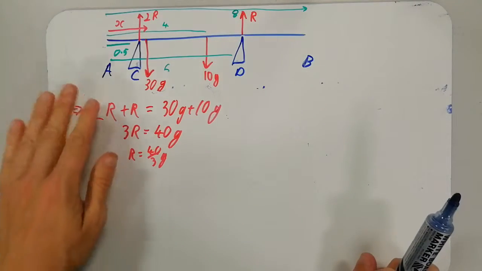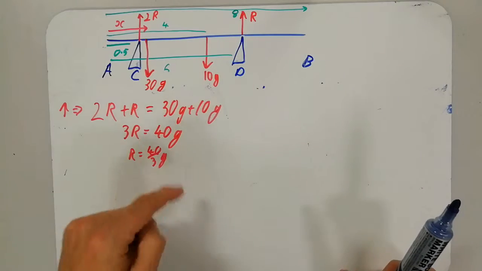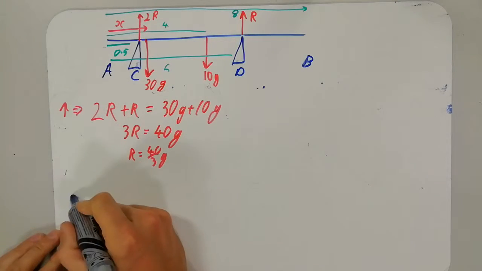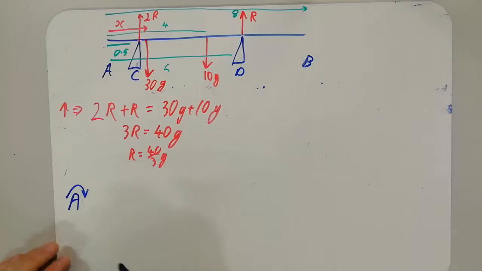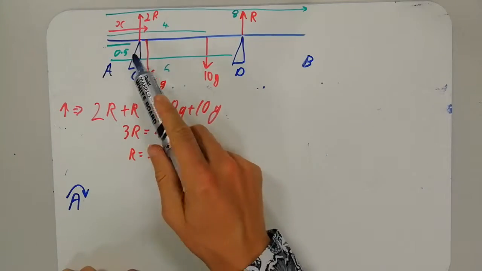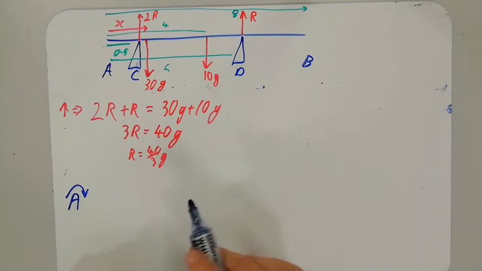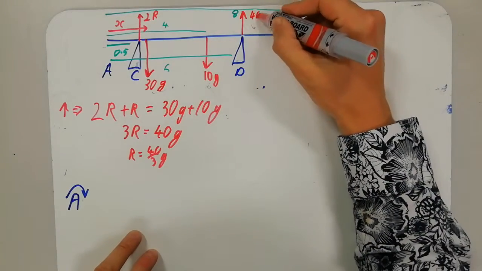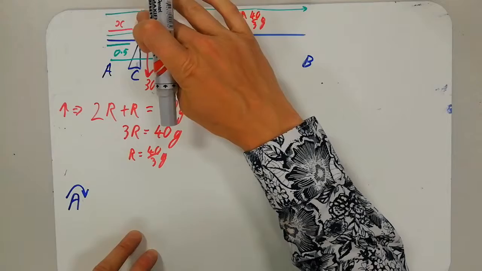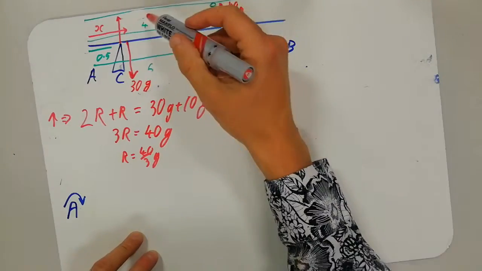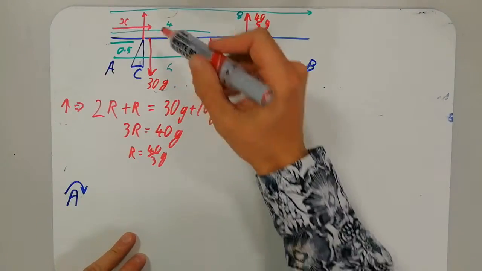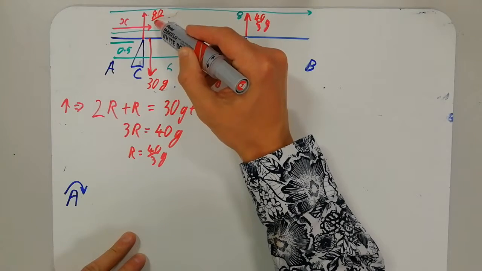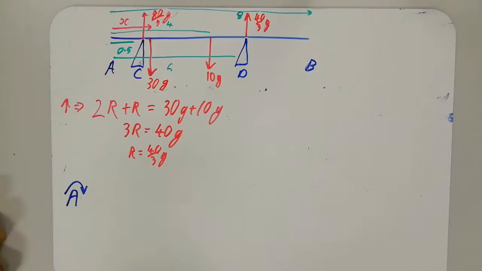Looking at this diagram, all of our distances are measured from A, so it's probably going to be sensible to take moments about A. We know what these forces both are. We can now relabel this as 40 over 3 g, and that one there is 80 over 3 g.